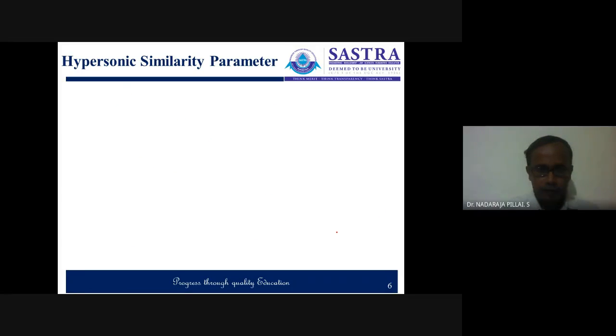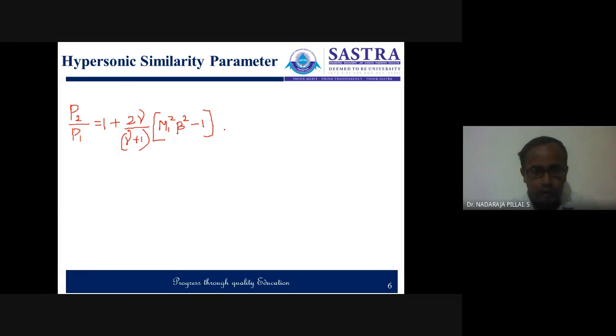Let us write the pressure ratio P2 by P1, that is equal to 1 plus 2 gamma by gamma plus 1 into m1 square beta square minus 1. This we know, this equation.